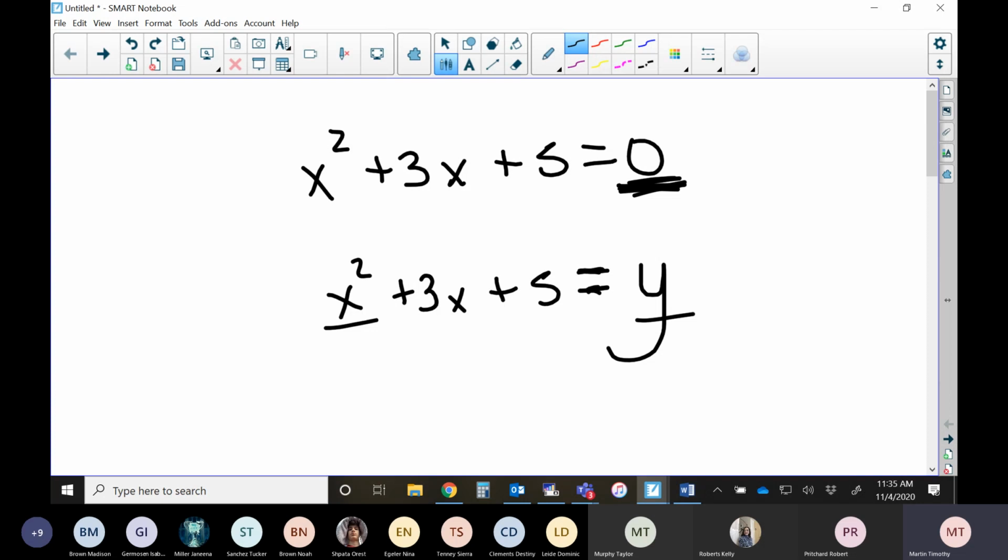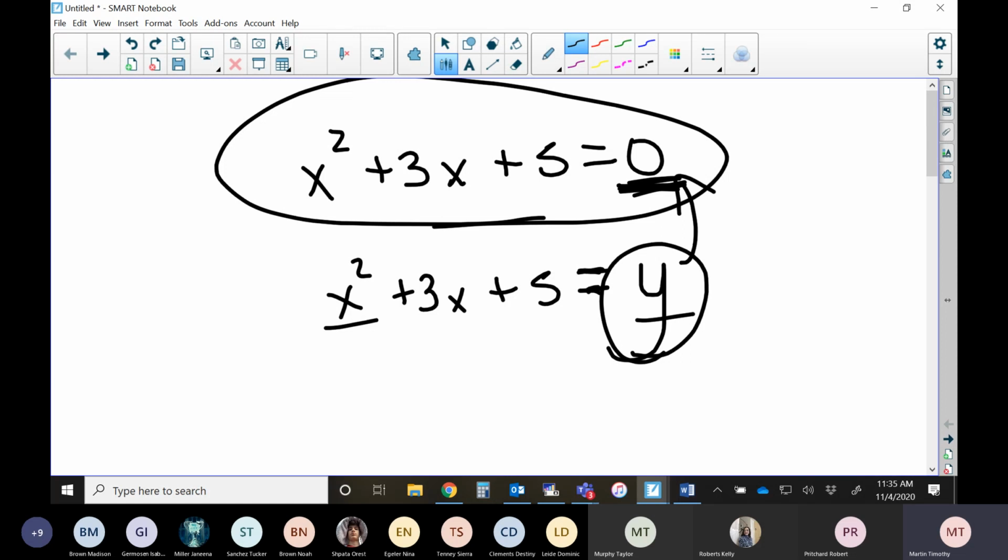Now, what happens when I make this y a 0? What is this equation really finding? The x's. The x what? If my y is 0, that means I didn't go up or down. What am I finding? It's the x-intercept. Yes. So what does the quadratic formula find?